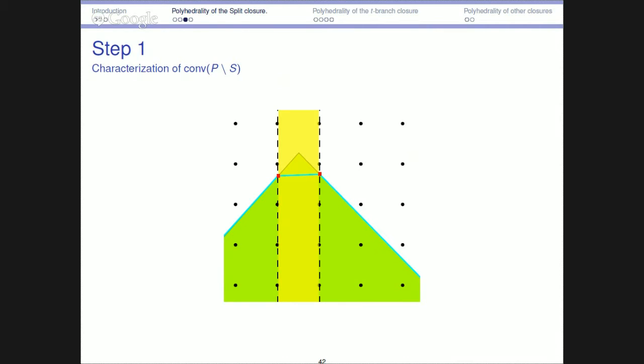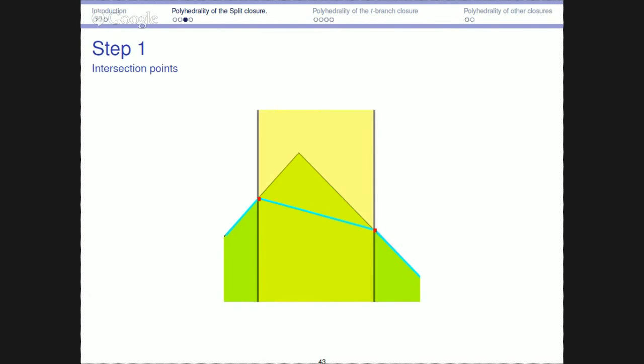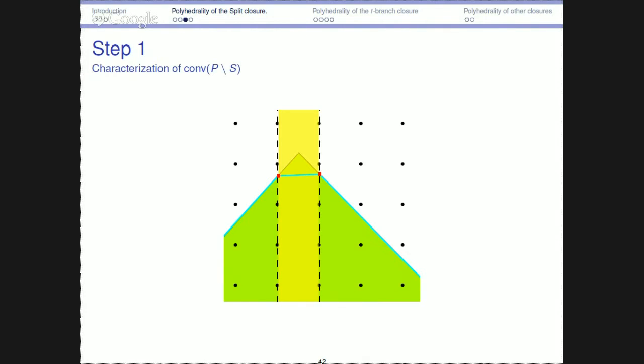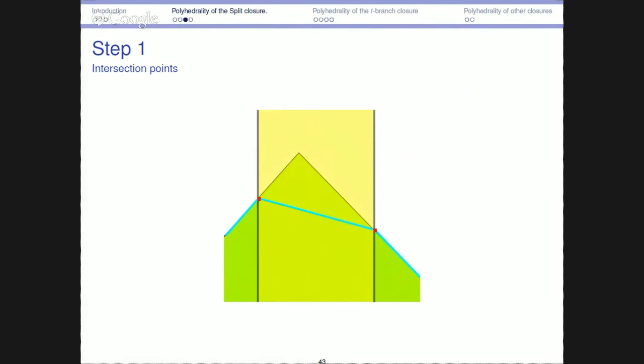And these 2 points are defined by the intersection of the ray from the vertex with the hyperplanes defining the split set. And this is the only thing that defines the cut given by the split, right? So it doesn't matter what split set you consider, but these intersection points define the convex hull of P minus S. So we're interested in these points.